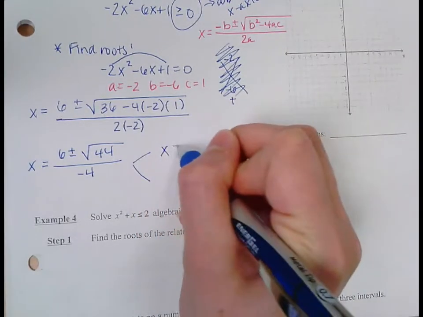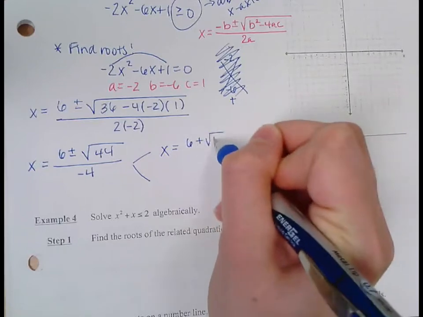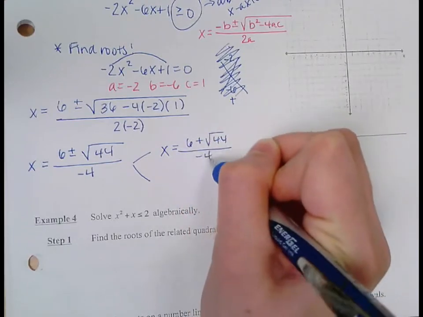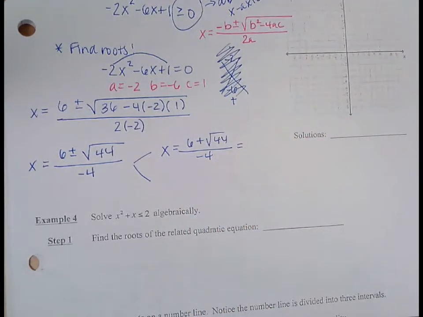One of them is x equals 6 plus the square root of 44 divided by negative 4. And make sure when you're calculating to get a decimal that you add 6 plus the square root of 44, hit enter, and then divide by negative 4.